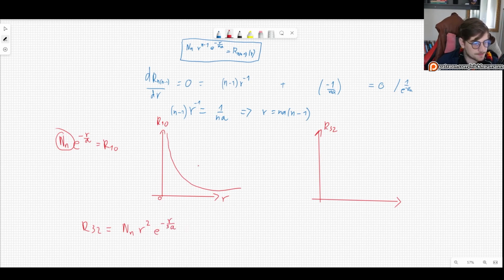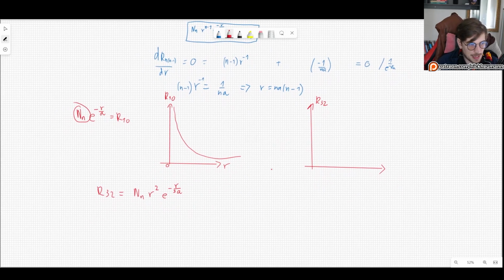So now here, you could either plug this into a program if you want, or if you know what the overall shape of such a curve is, we can find the maxima again, na, so that is 3a times 2, so 6a. So our maxima is here at 6a, and the curve is just going to be something like this, right?